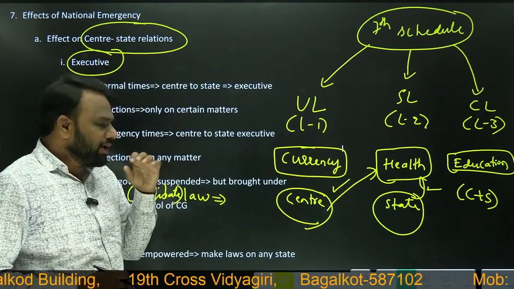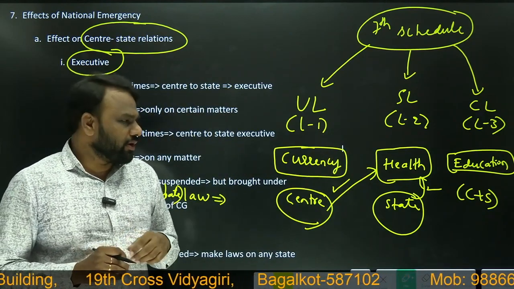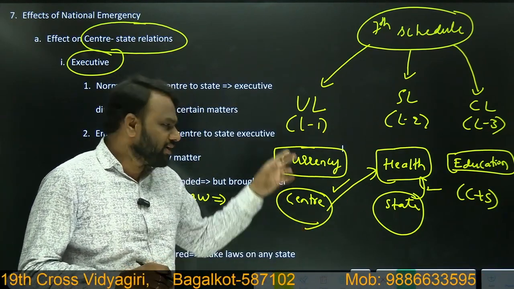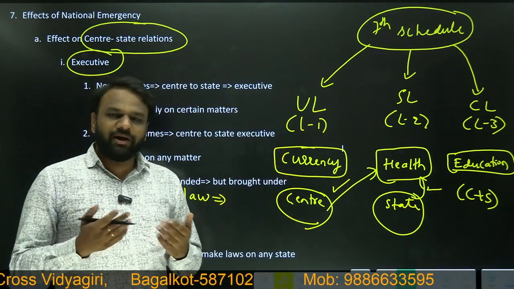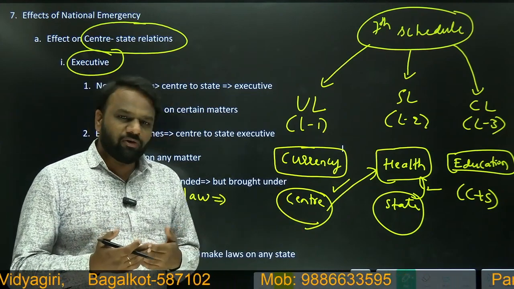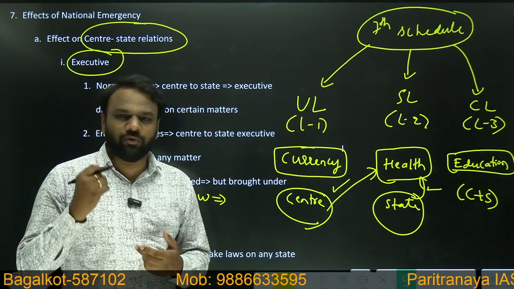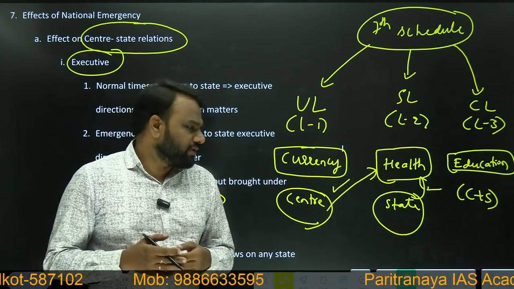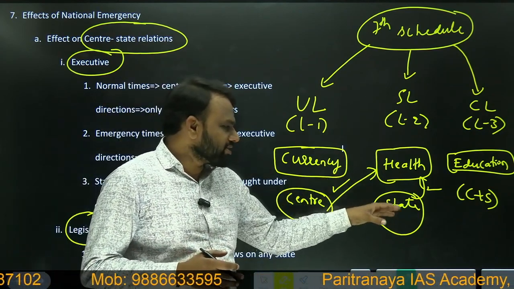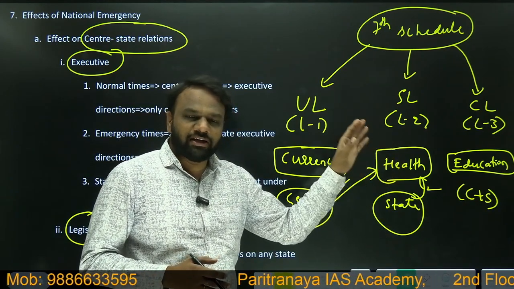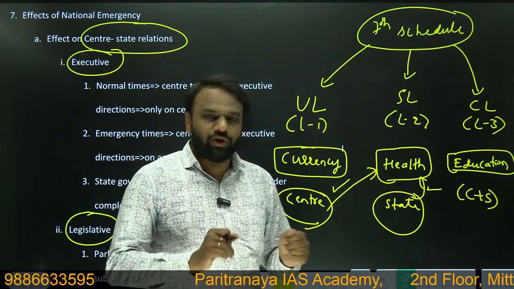Now during normal times, the laws made by the center on the union list, what will be their lifetime or longevity? It is eternal. It is forever. Until and unless you revoke it, a law is eternal. Similarly, a law made by the state on a subject called health will remain eternal, that is forever until you revoke it.